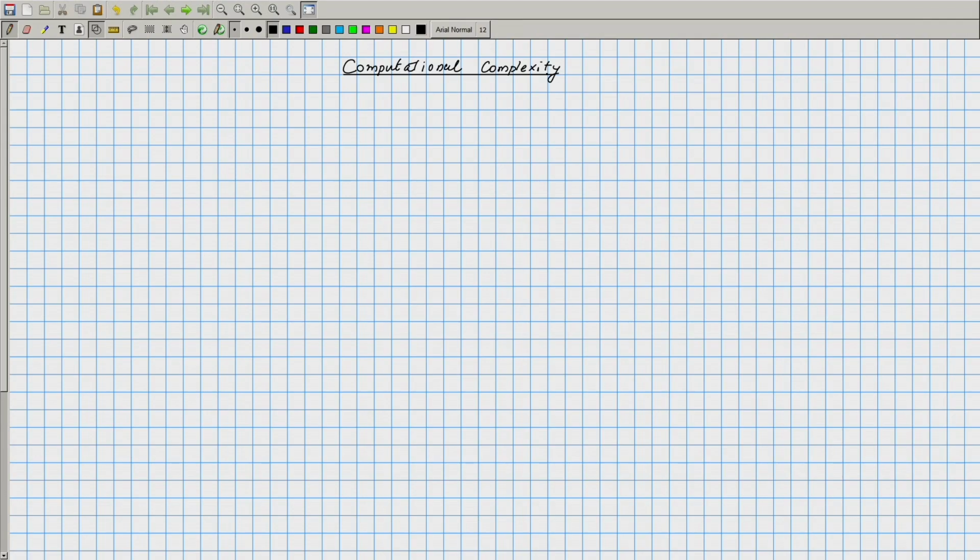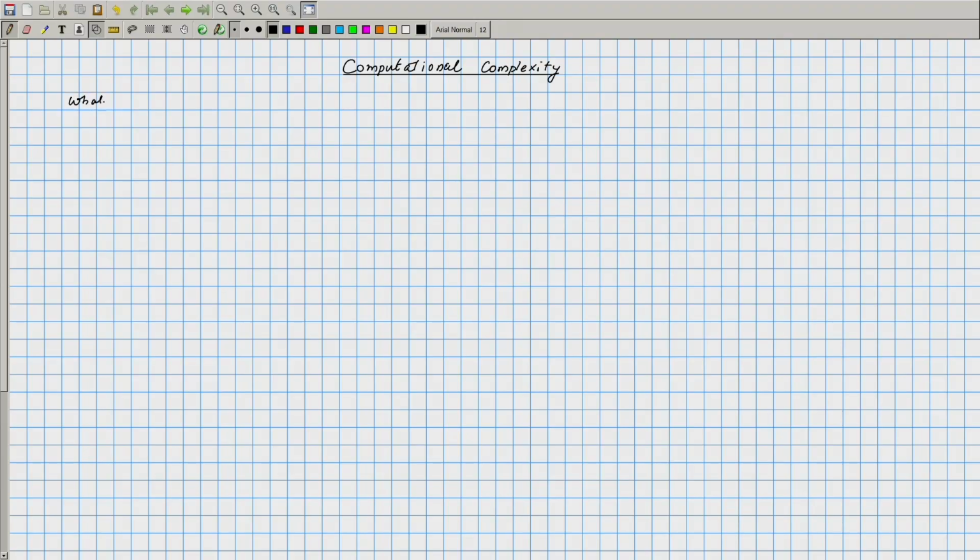Today's lecture, we will learn about some notions in computational complexity. So, the basic question that we ask ourselves is, what does it mean to solve a problem computationally? When we say that we have solved a problem from a computational point of view, what do we mean?